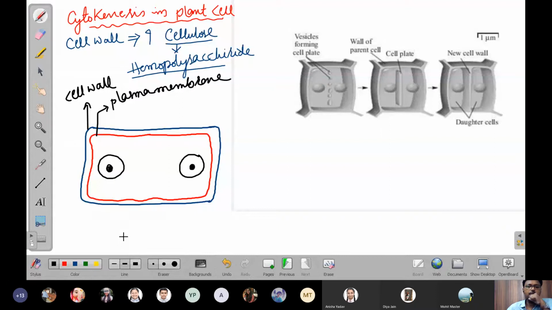Right. Now what will happen? The role of dictyosomes comes. What is dictyosomes? Golgi apparatus. Dictyosomes means Golgi apparatus.